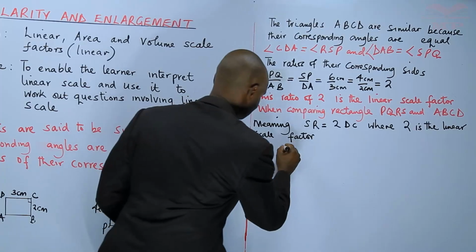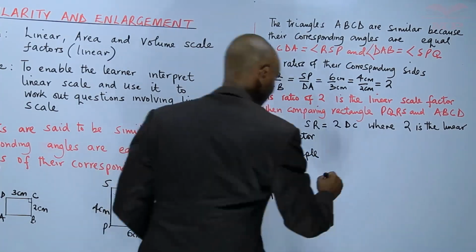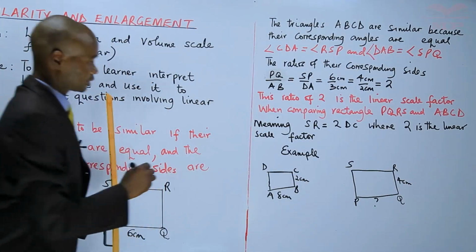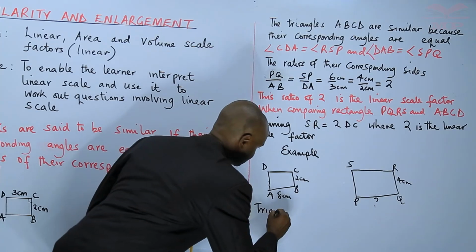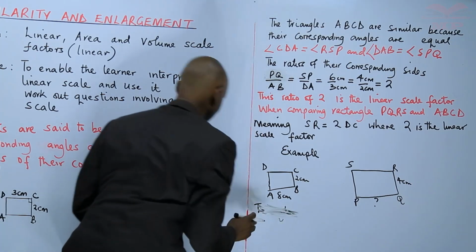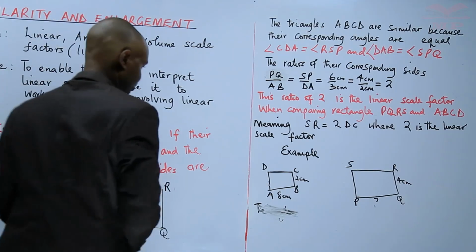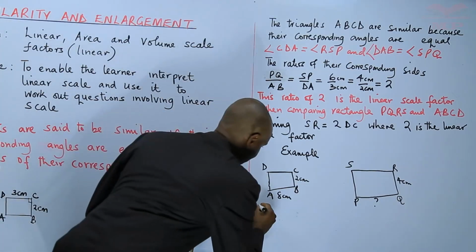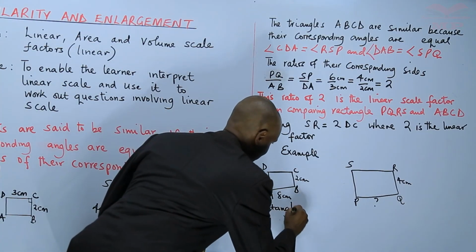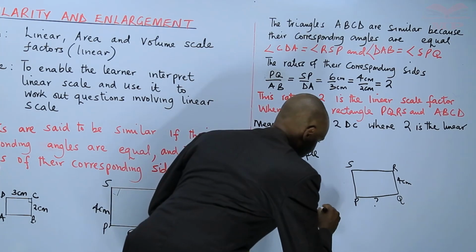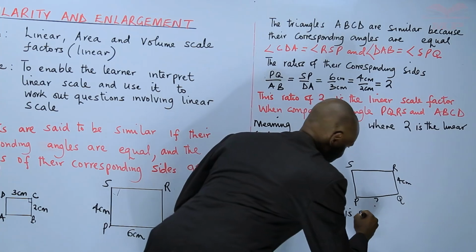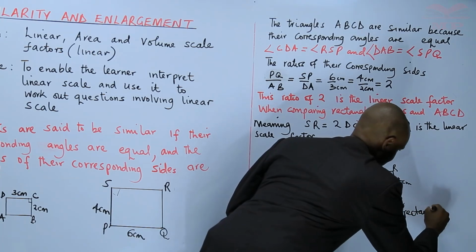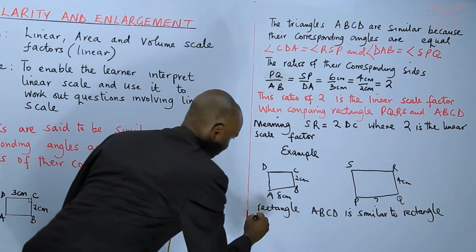Let's look at an example. The question can arise: rectangle ABCD is similar to rectangle PQRS.